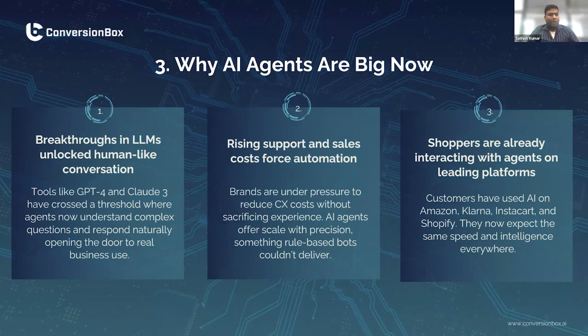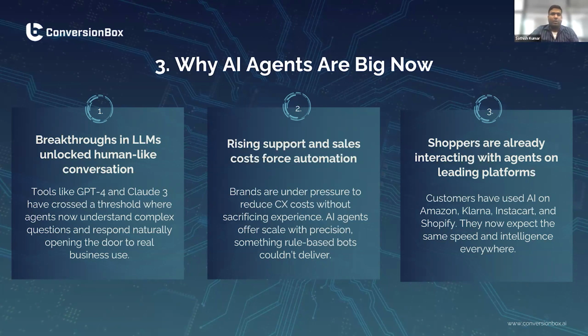I believe the majority of e-commerce companies are not using AI agents now, but it is getting big. The main reason, I would say, is the breakthrough in LLMs. Tools like GPT-4 and Claude are able to give better responses, and they are also able to take agentic actions in a much better way than 2 years back. That's why many people have started using AI agents, and it is very accurate.